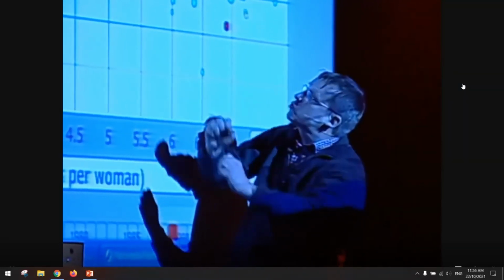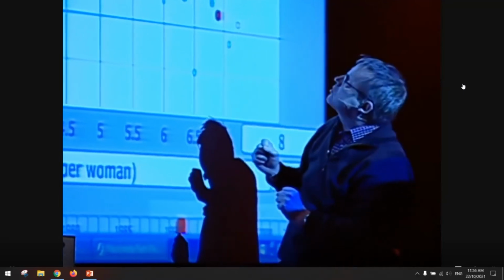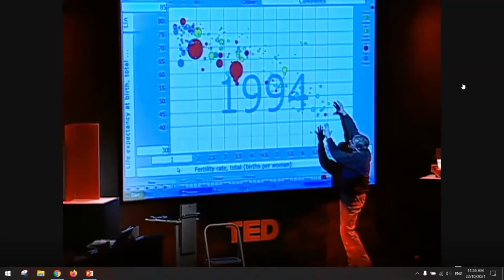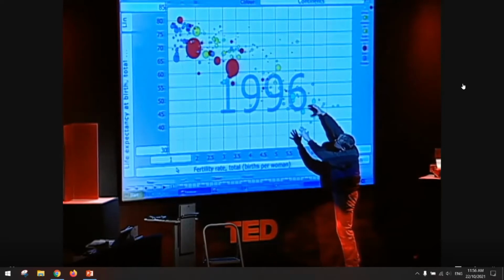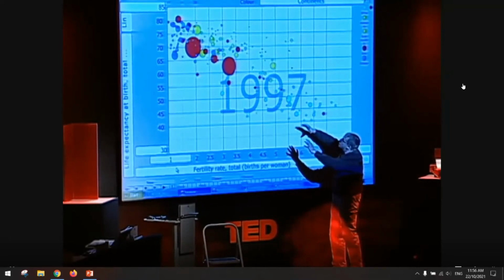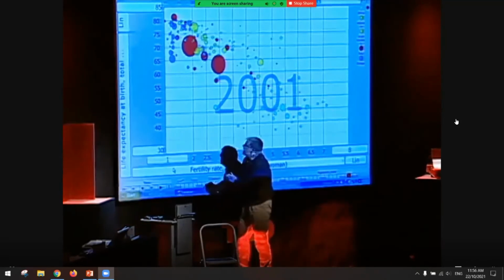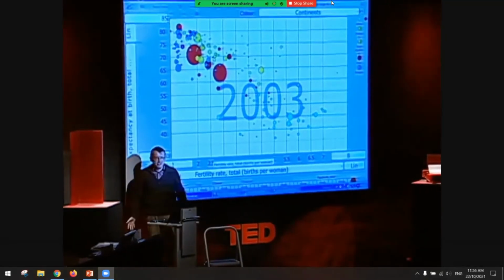The imams start to promote family planning, and they move up into that corner. And in the 90s, we have the terrible HIV epidemic that takes down the life expectancy of the African countries, and all the rest of the world moves up into the corner where we have long lives and small families, and we have a completely new world.